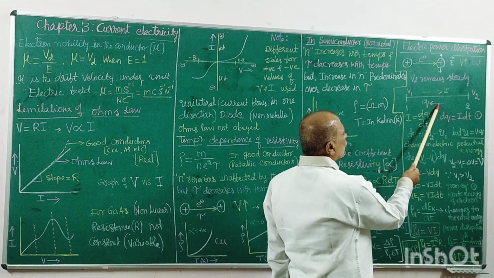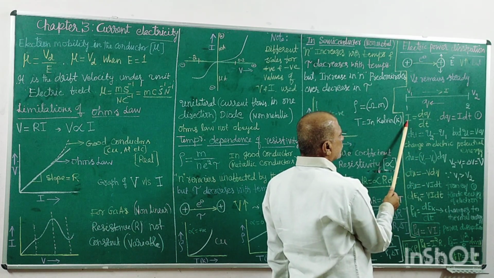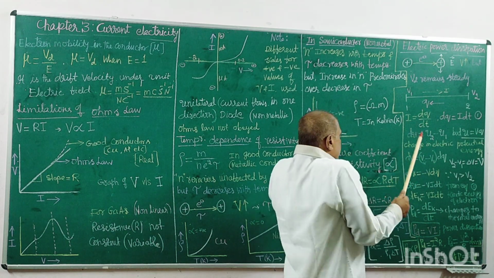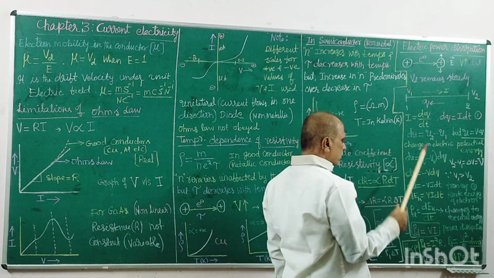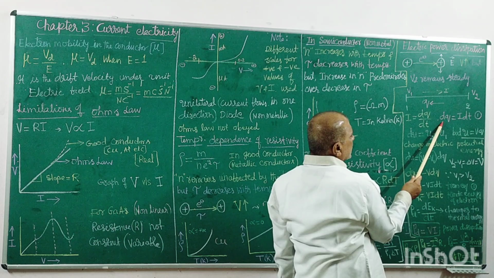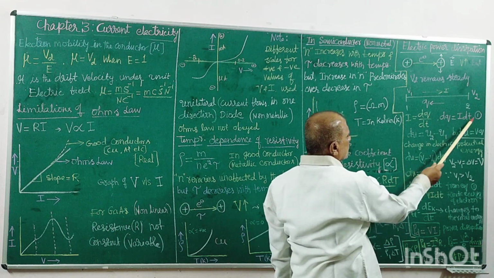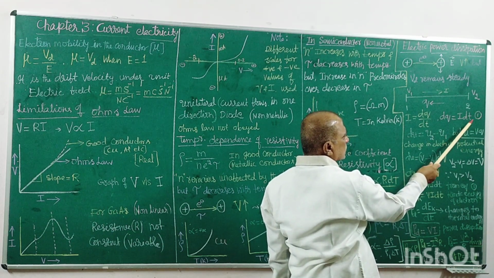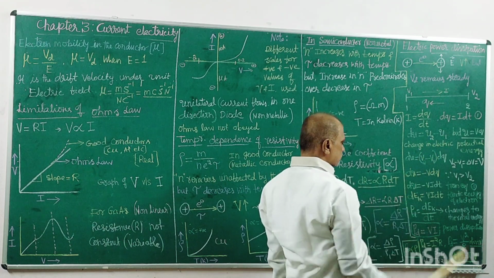So dq is equal to I dt. Call it equation 1, and remember this equation from last class.